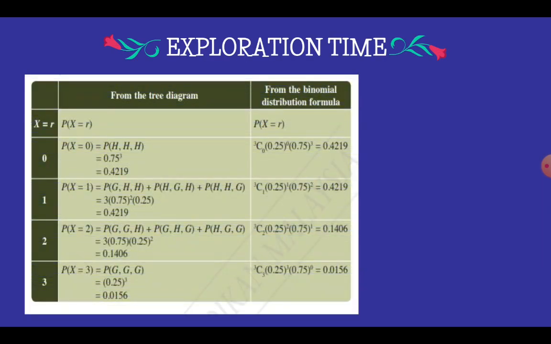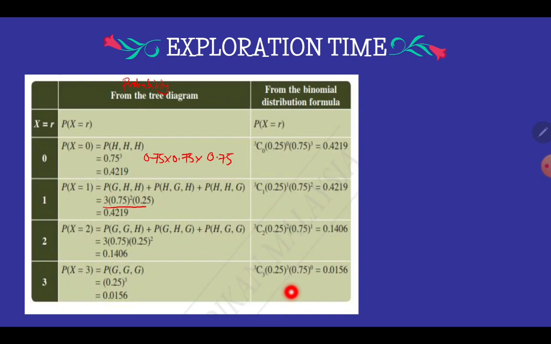From the diagram, we can say, from your knowledge of probability in mathematics, that when none of the flips gives number 4, we have 0.75 times 0.75 times 0.75, so 0.75 cubed. How can we find this other kind of term?